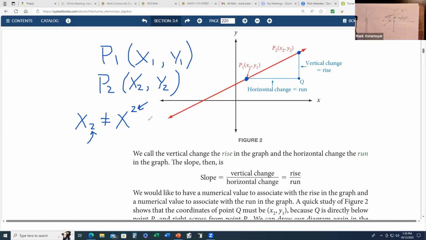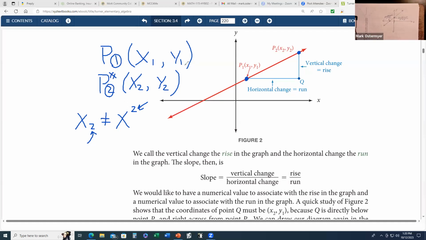Subscripted variables are used, like I said, usually in a course in computer science because they lend themselves nicely to what are called arrays in computer science, 1 or 2 or 3-dimensional arrays. All right, so ladies and gentlemen, we have two unique points on a line, and how do we know they're unique? We know they're unique because the subscripts are not the same. Because these subscripts are different, we know that these points are not the same point.